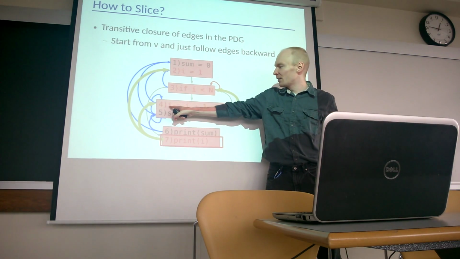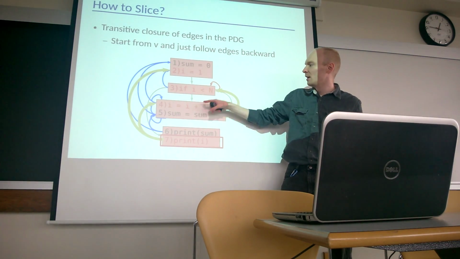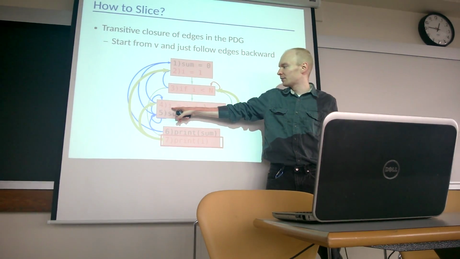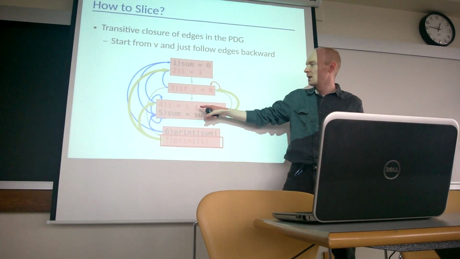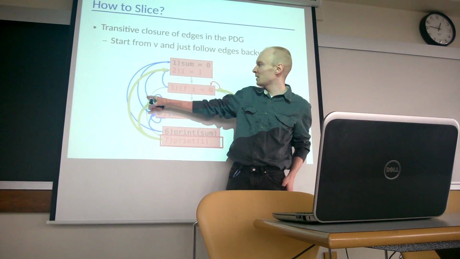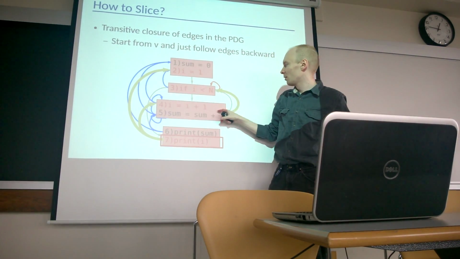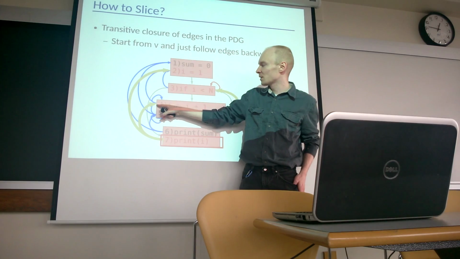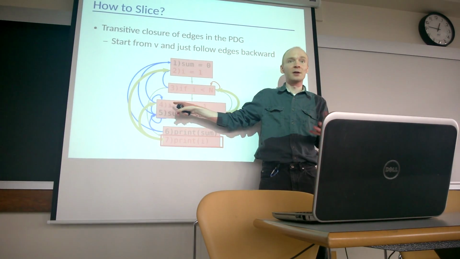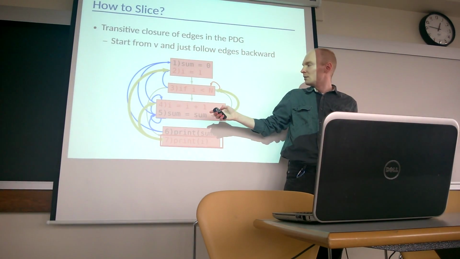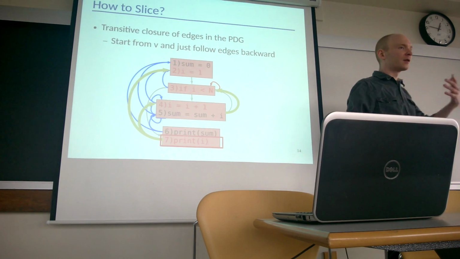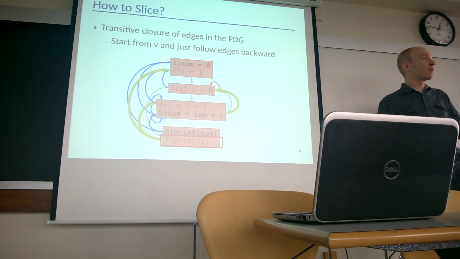Well, now that we've added 3, at this point you have I equals I plus 1. What does this depend on? Well, it depends on 2, and it depends on 3, and it depends on itself in terms of its value, right? So no matter how much more we traverse these edges backward, we hit the same things.